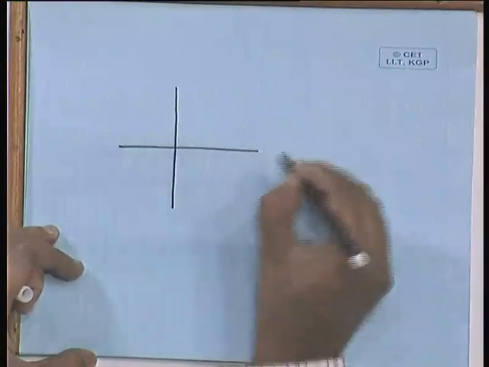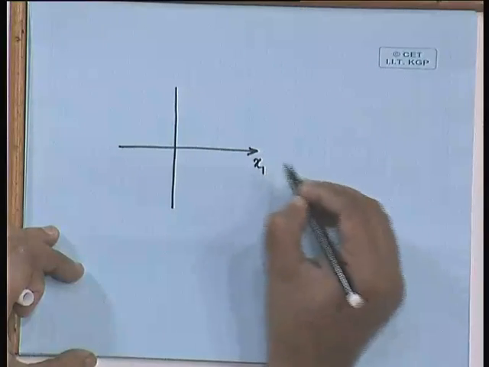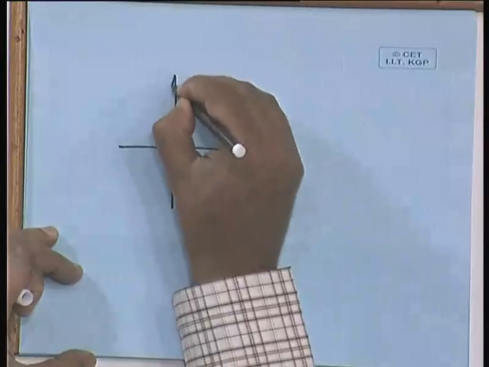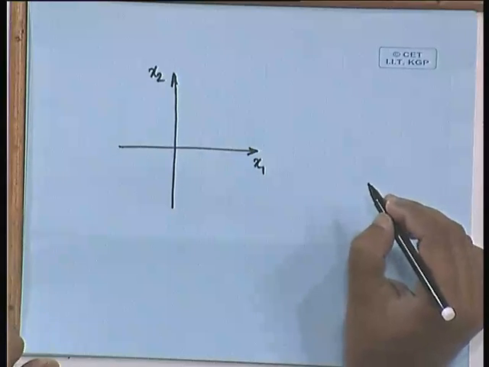It is easy to imagine or extend the concept to m dimension, because in that case, if x vector is an m input vector, then we will be considering an m dimensional space, and there one particular pattern will indicate a point in the m dimensional space. So, here we will be having a 2 dimensional space. Let us say that we indicate this by x1 and x2 as the variables in these 2 dimensions.